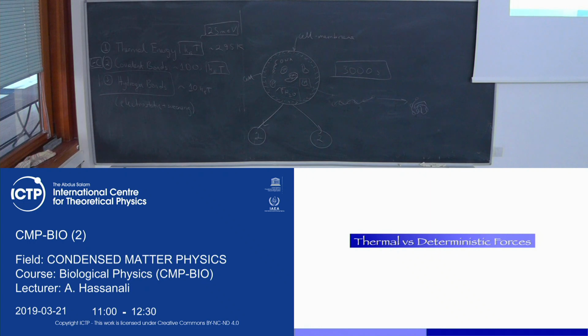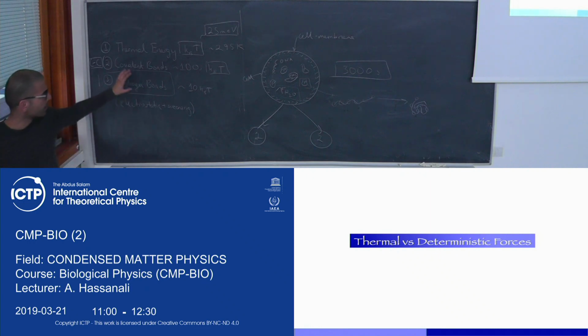Okay. Now, why are we discussing this? Well, several things. My biological system is at room temperature, or not room temperature. My biological system is fluctuating in response to thermal fluctuations, thermal energy.